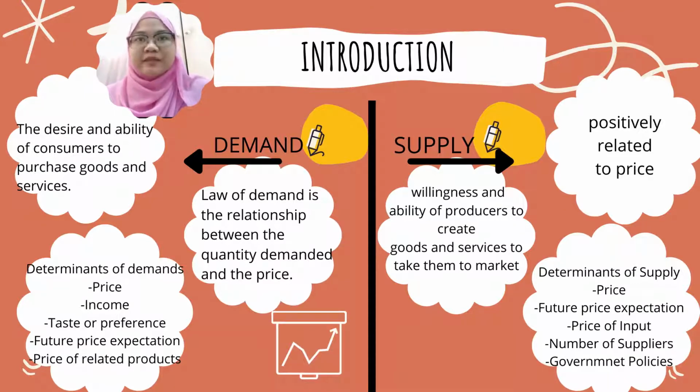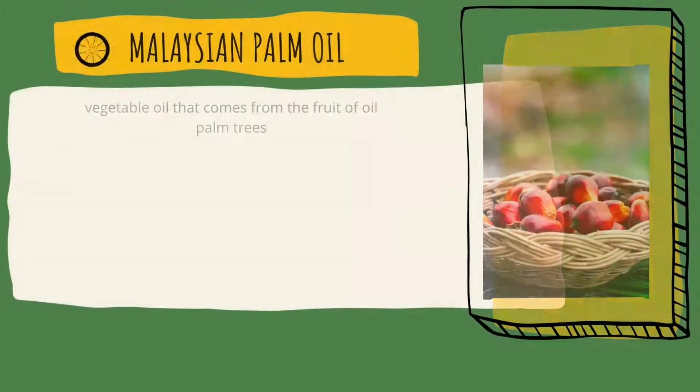The change of supply can be identified by changes in supply or changes in quantity supplied. Same as demand, changes of supply can be determined by the determinants of supply, which are price, future price expectation, price of inputs, number of suppliers, and government policies.